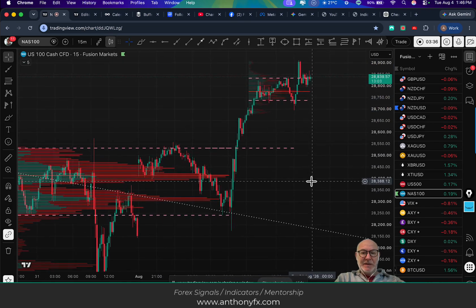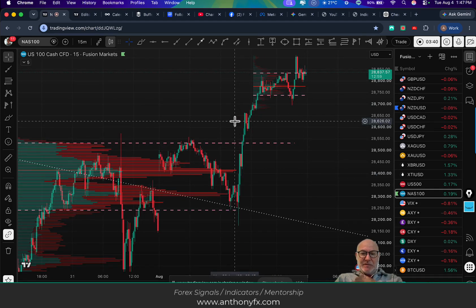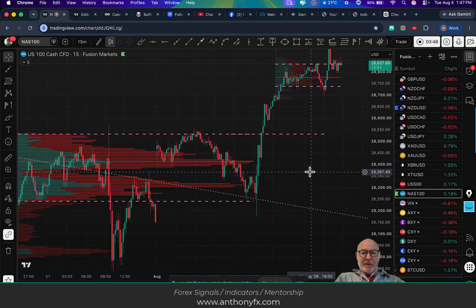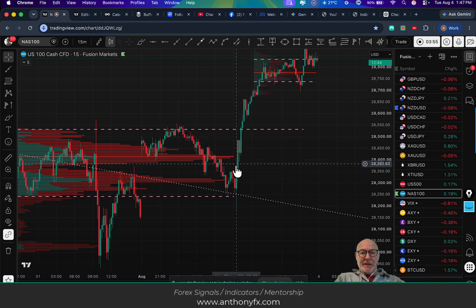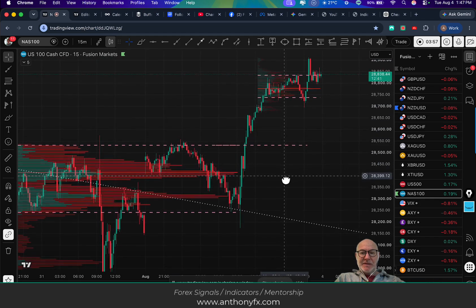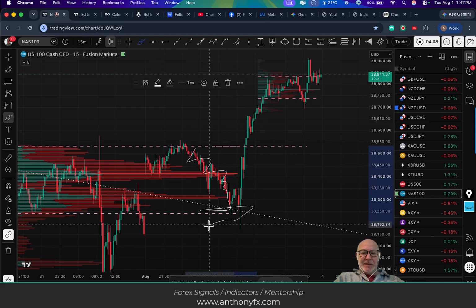All right, now the thing that we need to be mindful of here is this move, right? It happened very, very quickly with a lot of momentum behind it, and I would say a lot of this is short covering, right? I would think there's probably quite a few traders short. This runs liquidity under here.